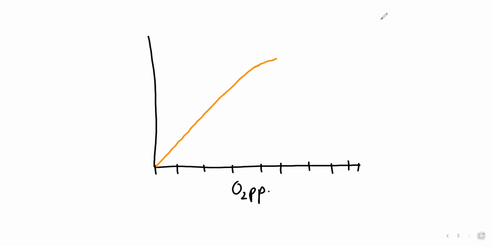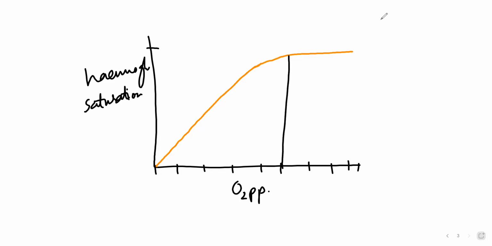It keeps on increasing and then becomes constant at one point. Approximately 98% saturation will be achieved at higher partial pressure of oxygen, and this higher partial pressure of oxygen is usually present in the lungs, right? Are you all getting me?